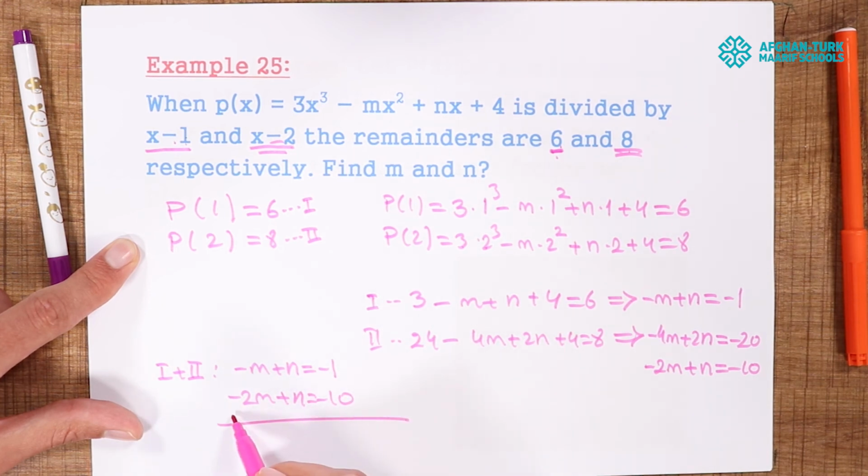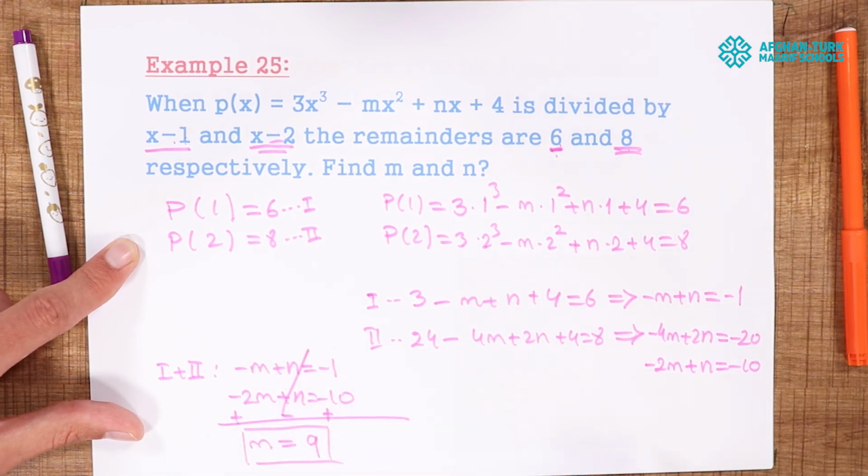So let's subtract. It will be plus, it will be minus, and it will be plus. These n terms cancel out. Plus 2m minus m is m, and this is equal to plus 10 minus 1, which is 9. So it means that the value of m must be 9.